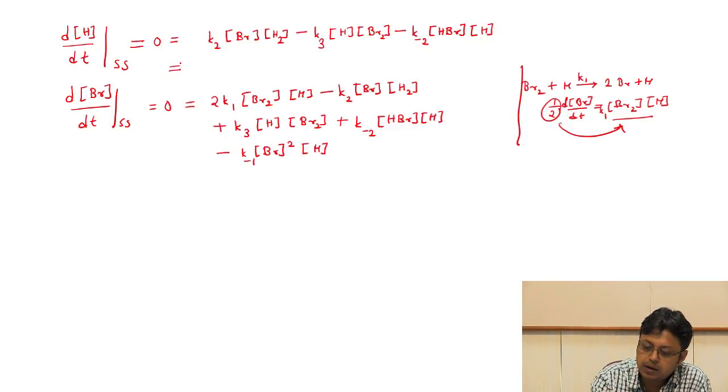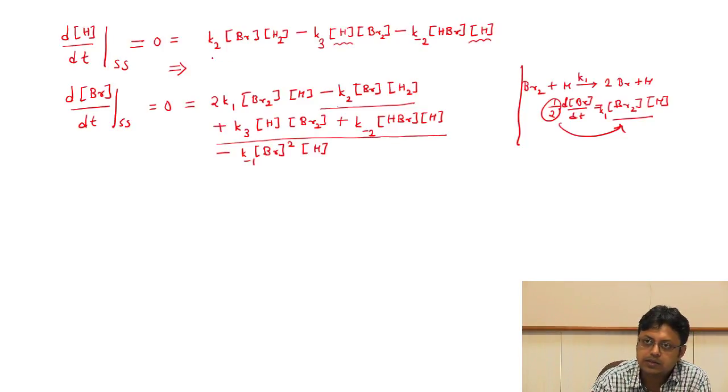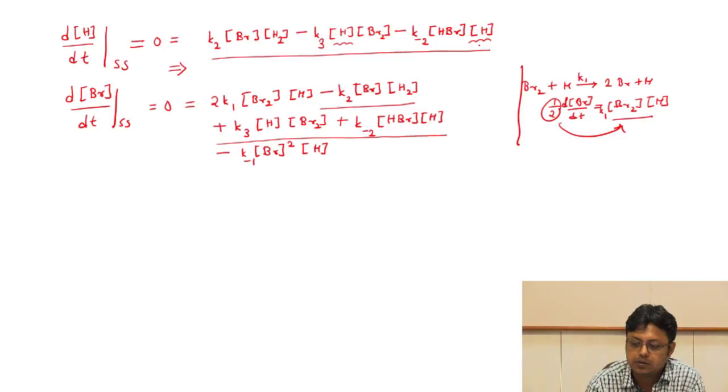See here where H appears, H appears here, H appears here. Before that, you can first solve it as H radical or Br radical, whichever way. Let us first simplify this. Now look at this part, minus K2 plus K3 plus K minus 2. This is just the negative of the hydrogen equation part, and that is already 0, so its negative will also be 0.